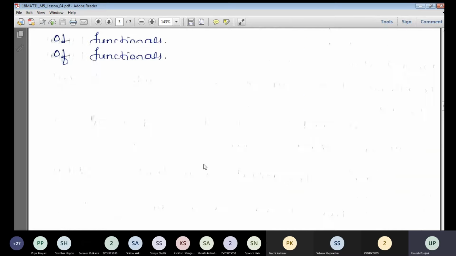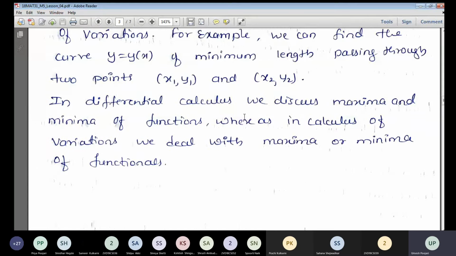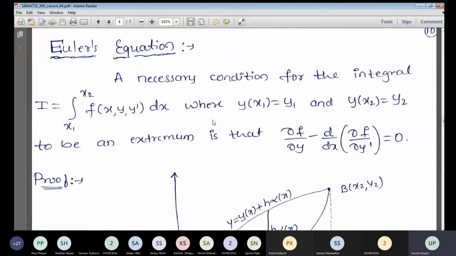Now after studying these basic concepts, we have one important result to find the extremum, maximum or minimum. That result is called Euler's equation. It is the necessary condition to find the maximum or minimum of a functional.